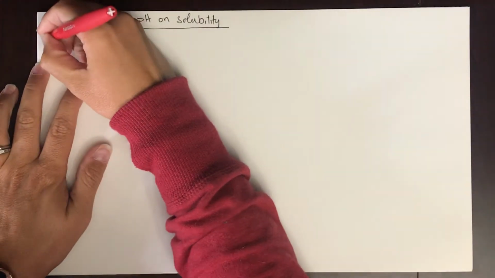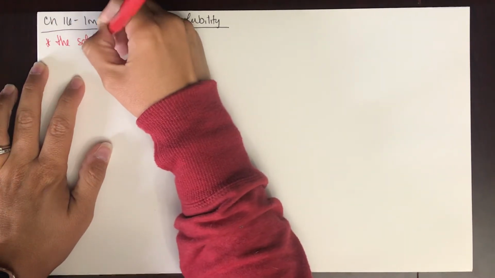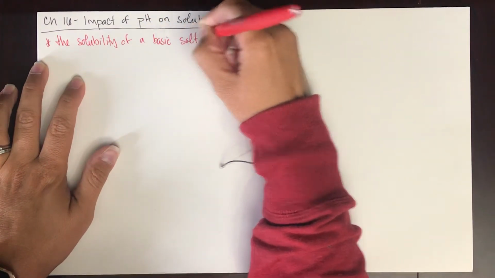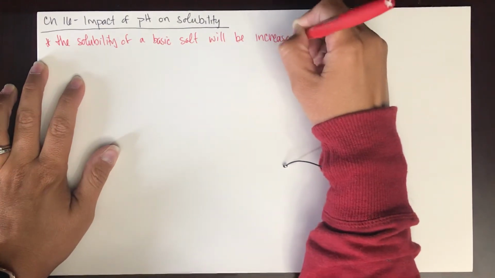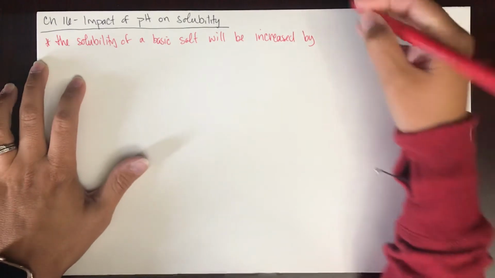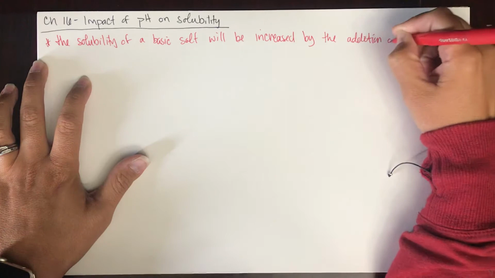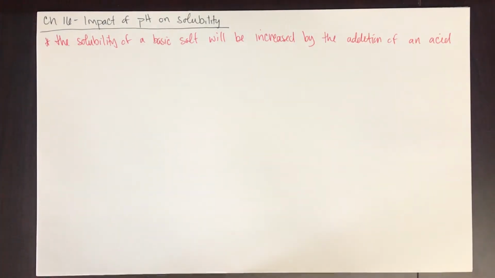So, the solubility of a basic salt will be increased by the addition of an acid. So if you have a basic salt, that basic salt will be more soluble in an acidic solution than a neutral solution.